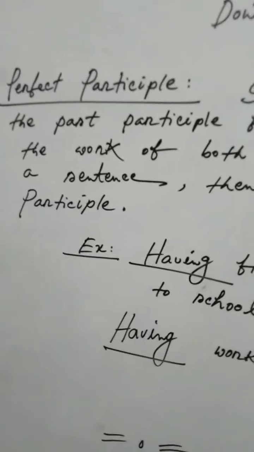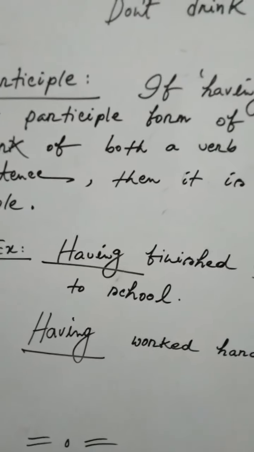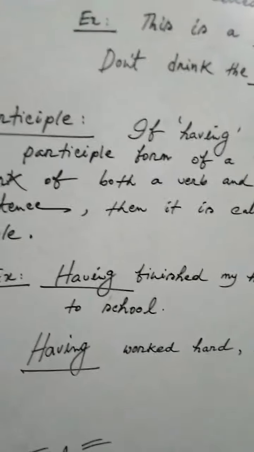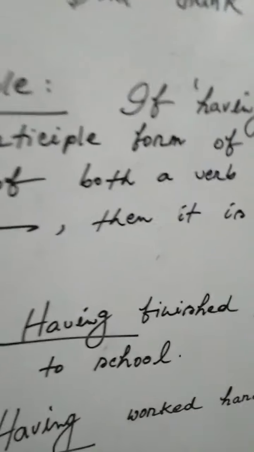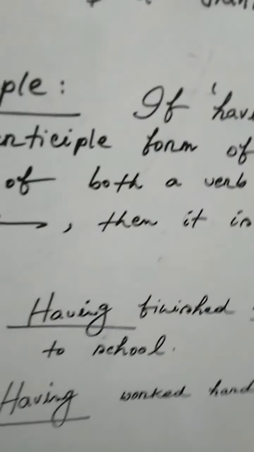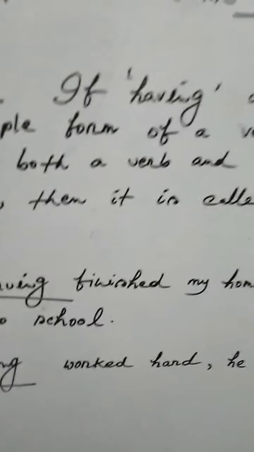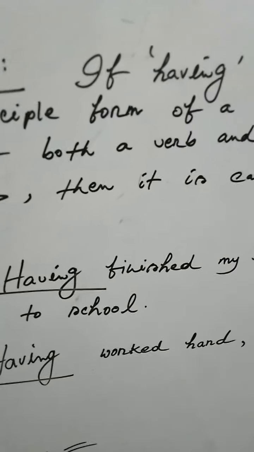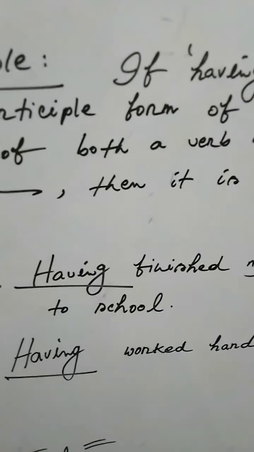That means perfect participle is when having is used before the past participle form of any verb, and when it is used as an adjective, then it is called a perfect participle. Having will be used before the past participle form of a verb in perfect participle.